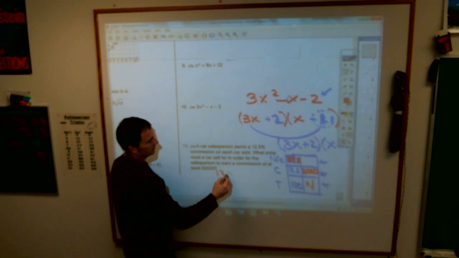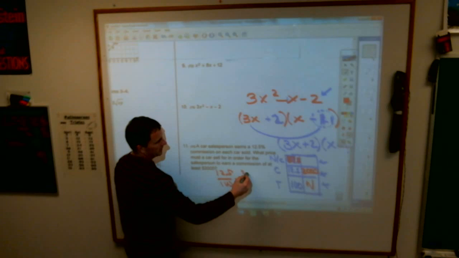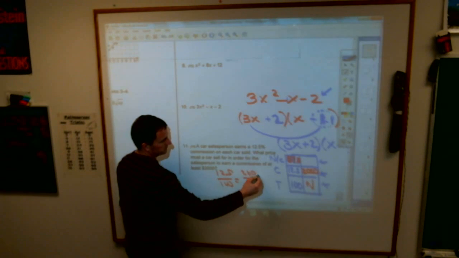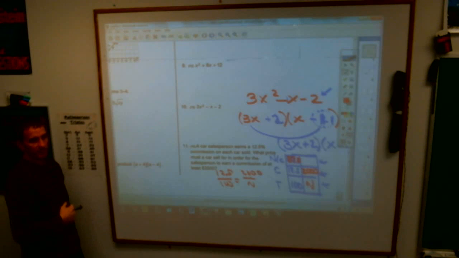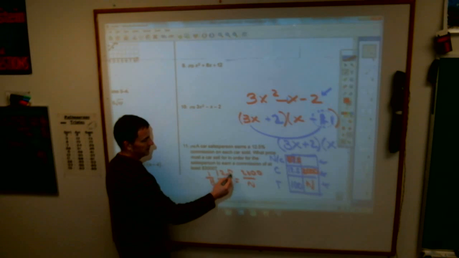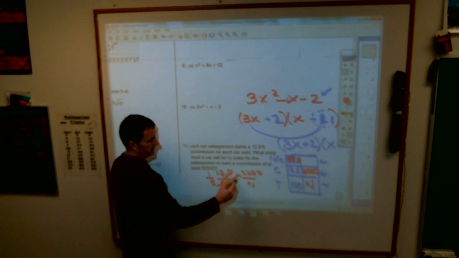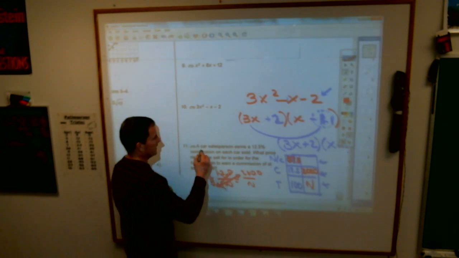So 12.5 over 100 equals 2,000 over what number? And that's where you pull out the calculator, or, anybody? Yeah, 12.5 over 100 actually reduces down to what? 1/8. That's what 12.5% is as a fraction. So really, all you have to do is multiply 8 times 2,000, which is $16,000.